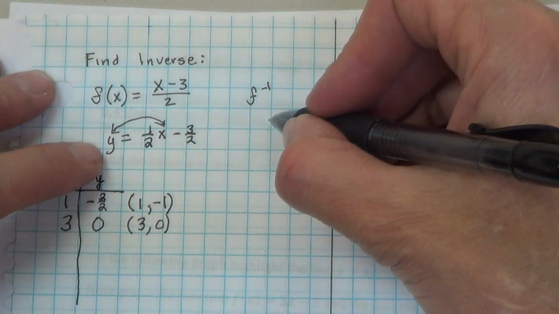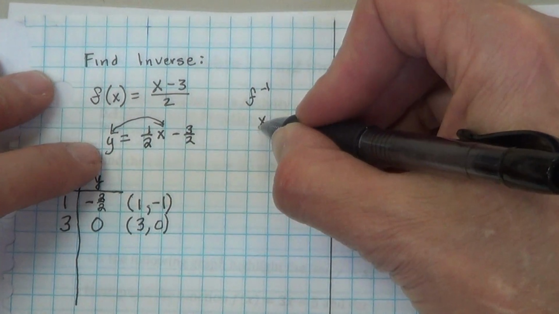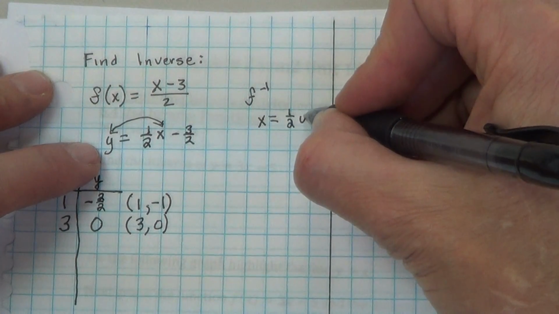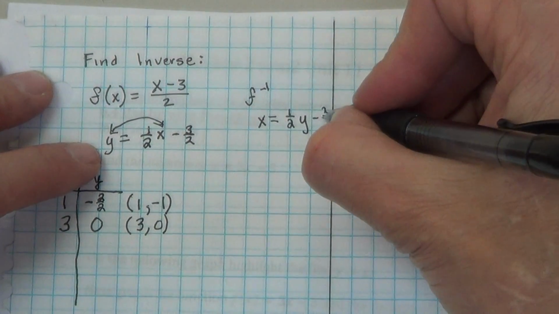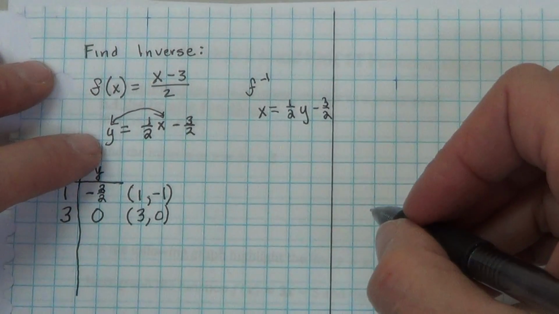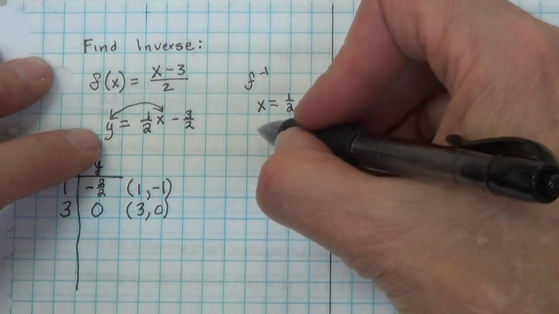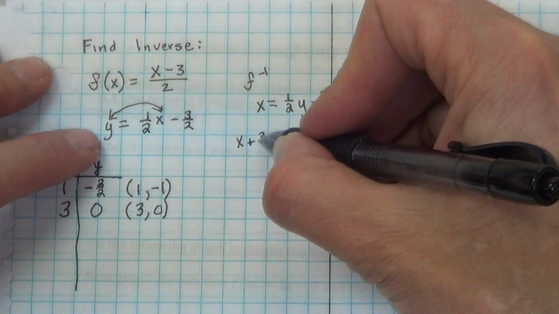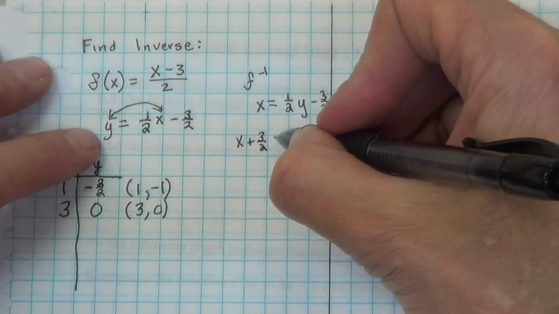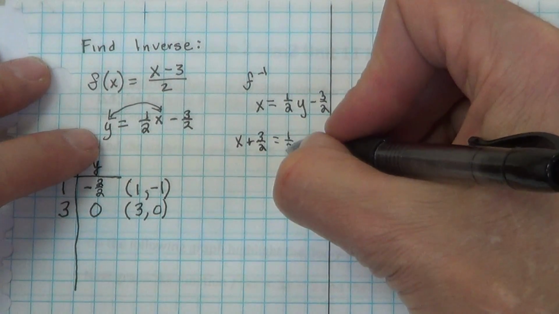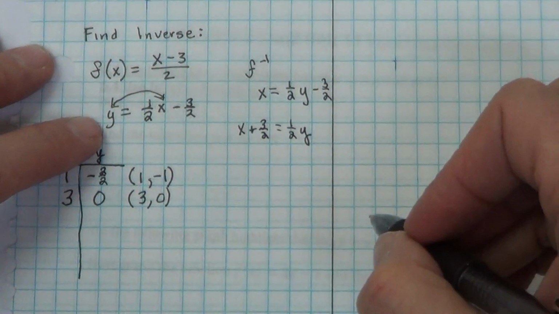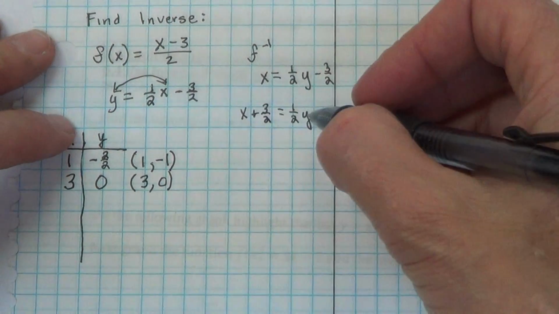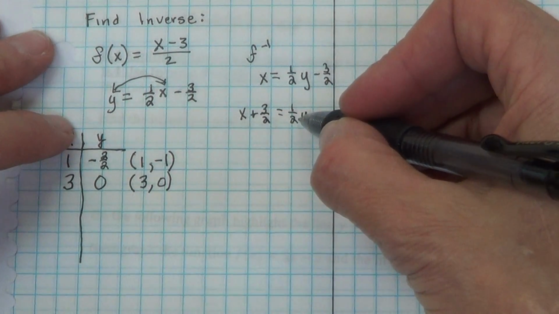So we take our y, we replace it with an x, and we have x equals 1/2 y minus 3/2 for this equation. Now we need to get the y alone, so we'd add 3/2 to each side. We get x plus 3/2 equals 1/2 y. Now we need to get the y alone still, so we would multiply each side by 2 to get rid of that 1/2.